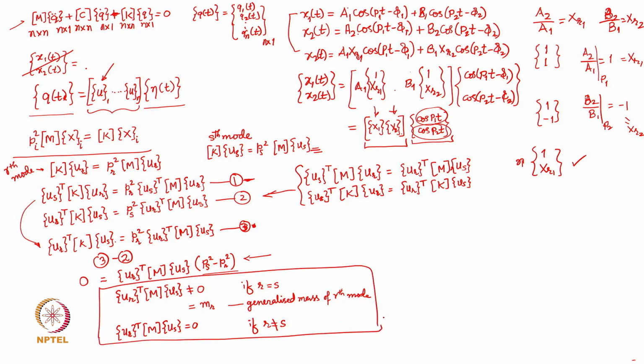You can also try it out yourself in equation number 3 that UR transpose K US is not equal to 0 but is equal to KR if R is equal to S, and is equal to 0 if R is not equal to S.